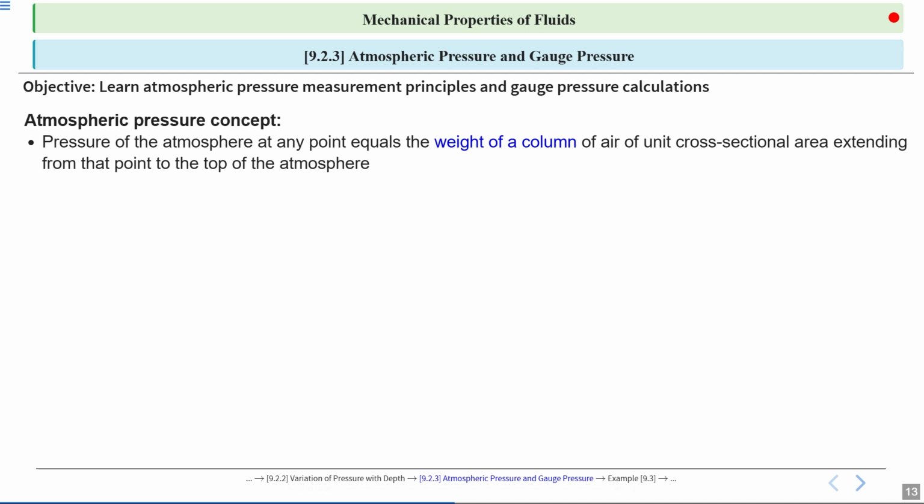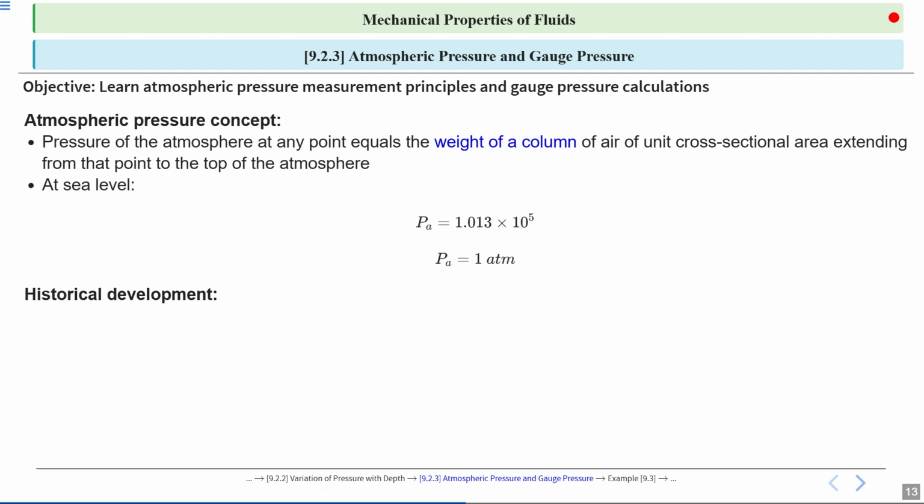At sea level, this pressure is standardized at 1 atmosphere. And we know 1 atmosphere is equal to 1.013 times 10 raised to the power 5 pascals. So, at sea level, the atmospheric pressure is approximately Pa equal to 1.013 times 10 raised to the power 5 Pa, or we can say Pa equal to 1 atm.